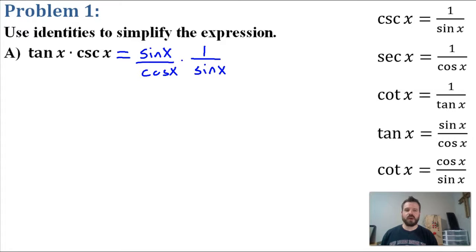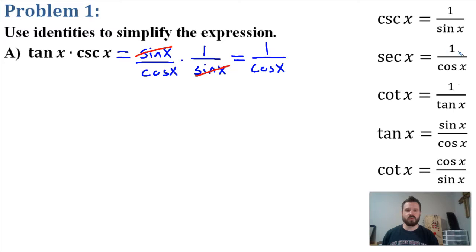The reason I want to do that is if everything's in terms of sines and cosines, I'll have a good chance of being able to cancel things out. In this case, there's a sine on top and bottom, which I can get rid of. So if I then multiply across the top and bottom, what I'm left with is just 1 over cosine x, which we can simplify further.